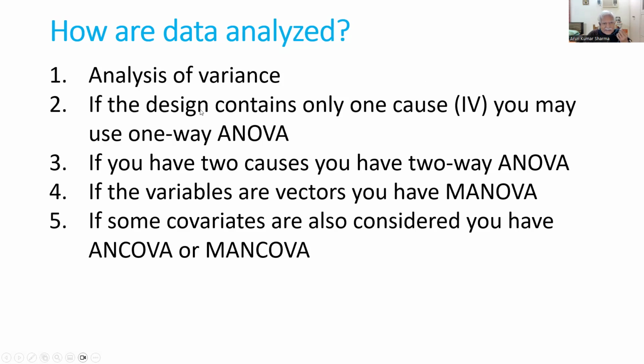How are data analyzed in experimental method? The logic is very simple. You know the idea of variance or standard deviation. You have measurements in control group and experimental group. When you take measurements, you will find that there are variations not only between groups but also within groups.